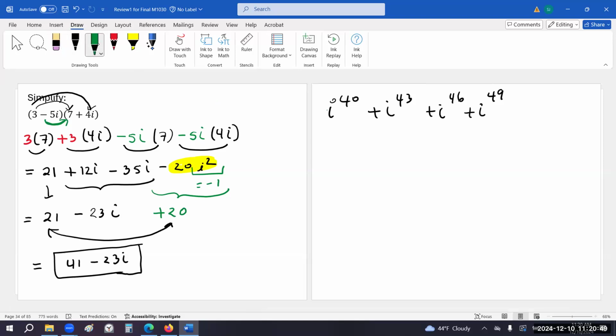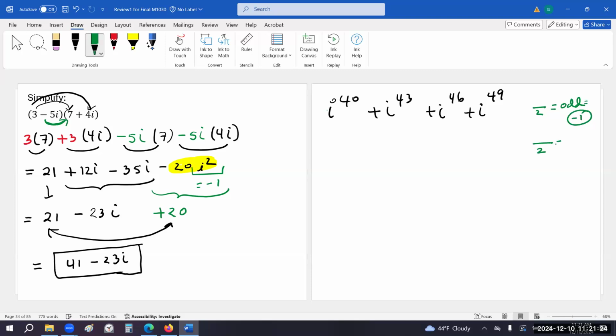So i to the 1 is i, i squared is -1, i cubed is negative i, and i to the 4 is 1. So you remember the rule, all those powers. But what I taught you is this: if you can divide the power by 2, and you get an odd number, the answer is -1.